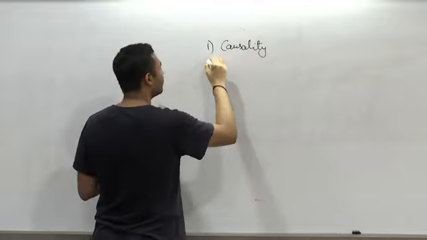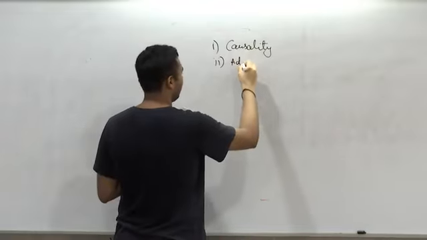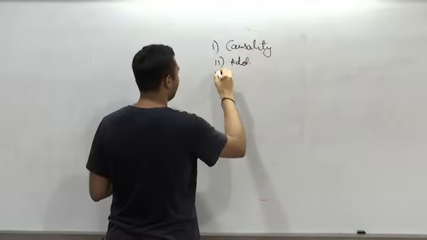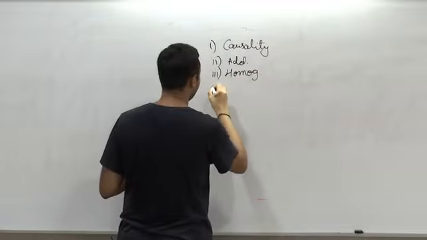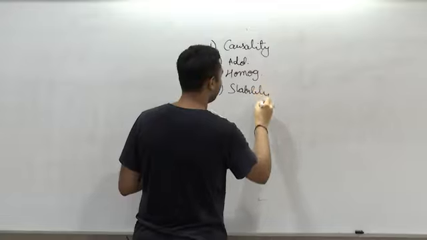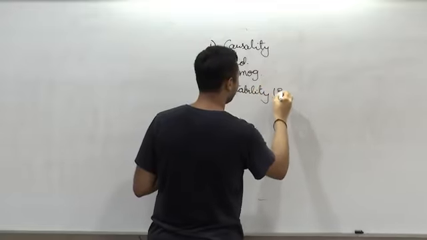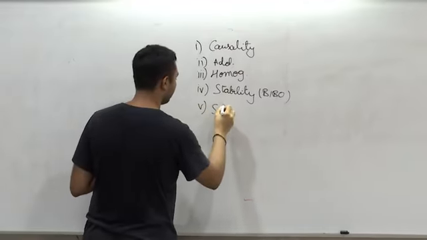Linearity is a combination of 2 things. What are those? Stability in the BIBO sense. Shift invariance or time invariance, whatever.